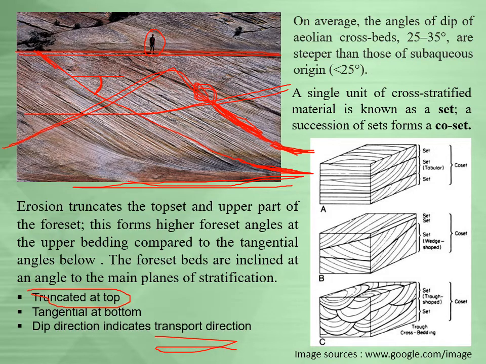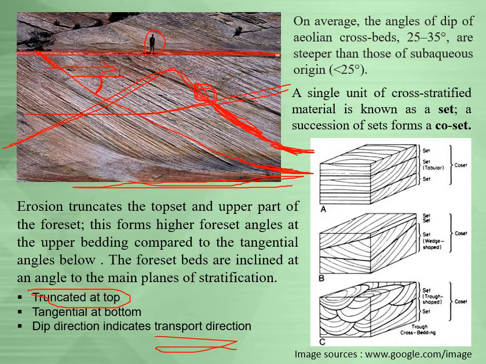By measuring the dip angle of these internal laminae, we can say the current is moving from this direction to this direction. For this figure, it is from left to right. So the direction in which the internal laminae are dipping is the flow direction or current direction.